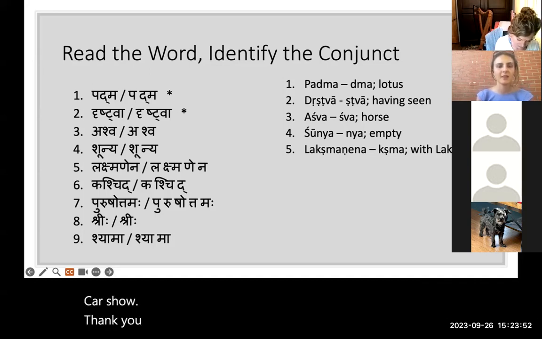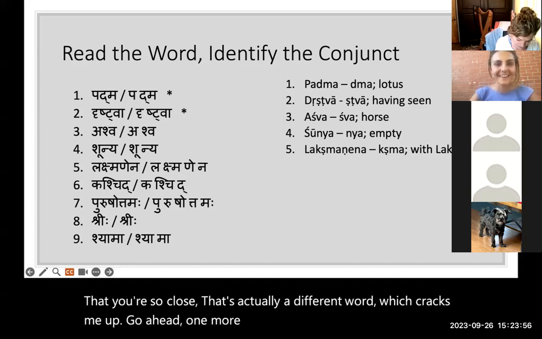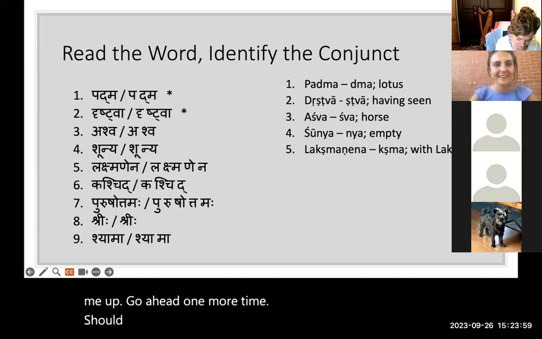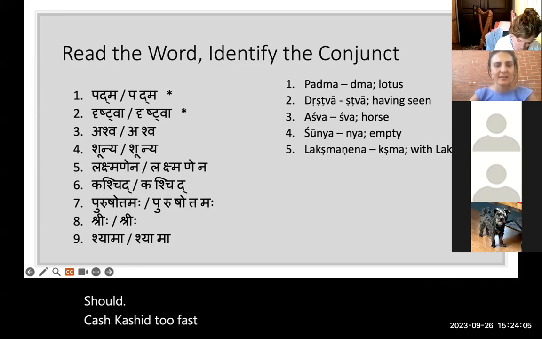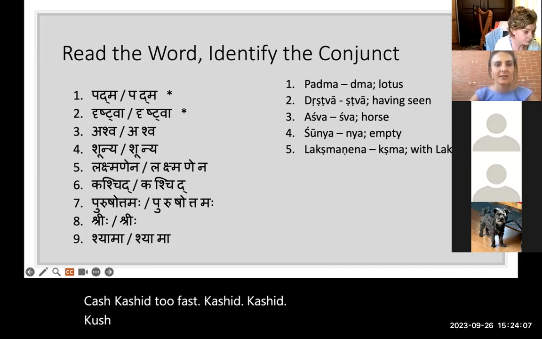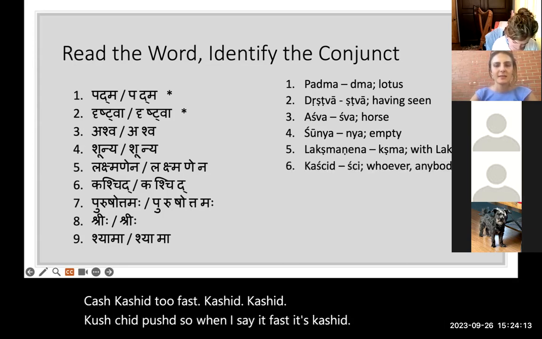You're so close. That's actually a different word, which cracks me up. One more time. Ka, shud. Kash. Am I saying it too fast? Kashchid. So when I say it fast, it's kashchid. You got it.